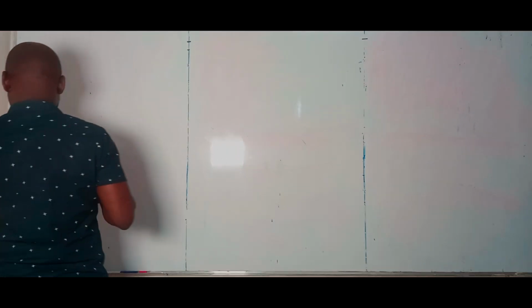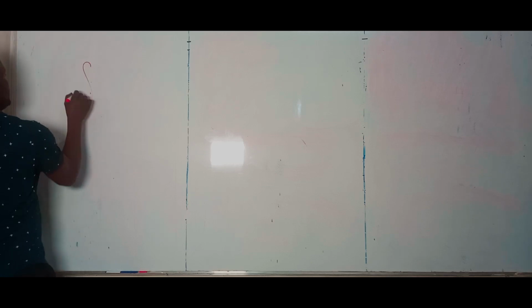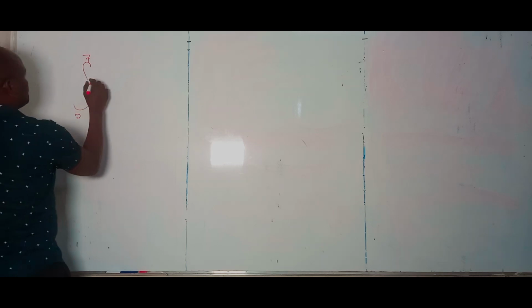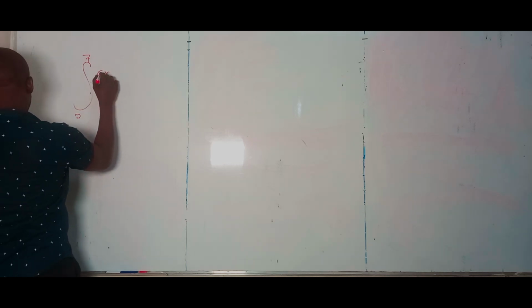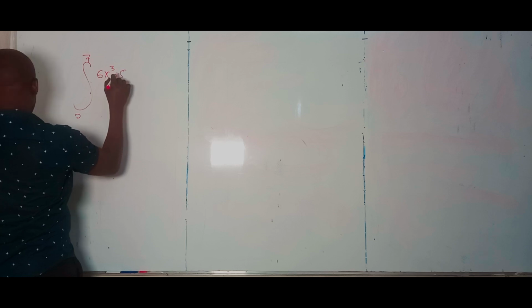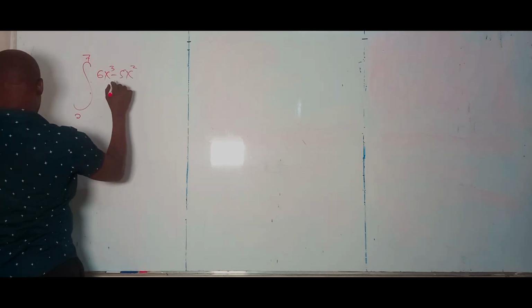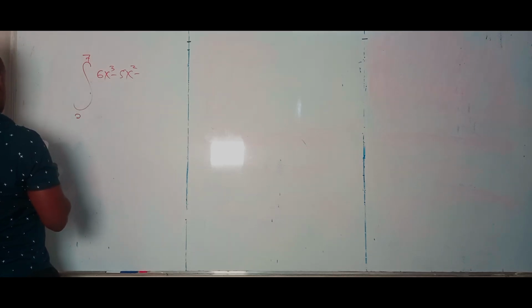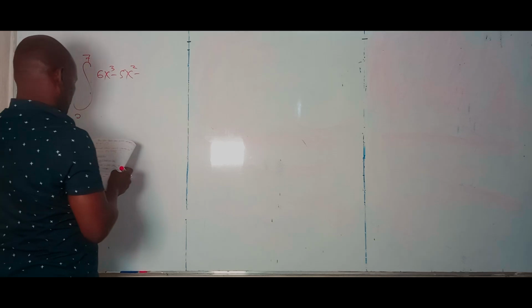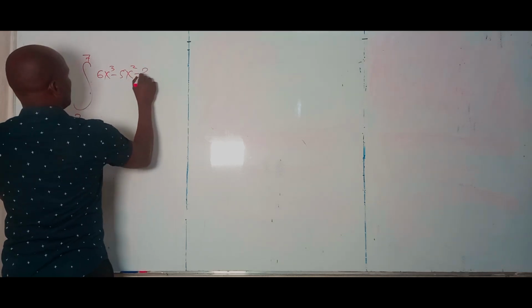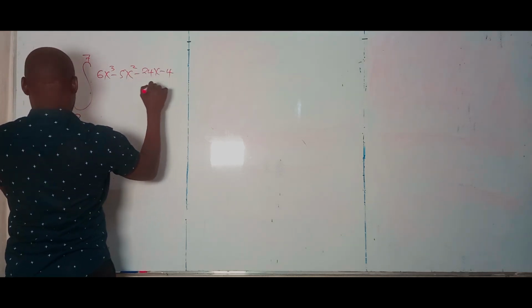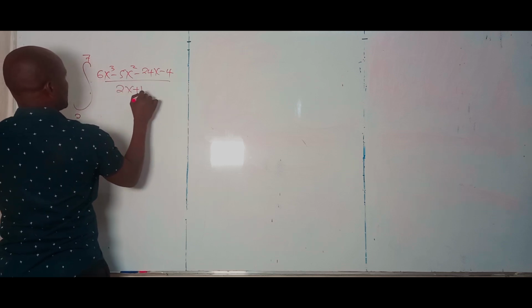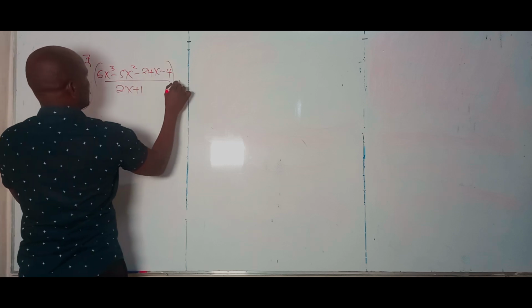So what we are asked to do is find the integral from 2 to 7 of 6x cubed minus 5x squared minus 24x minus 4 all over 2x plus 1 dx.